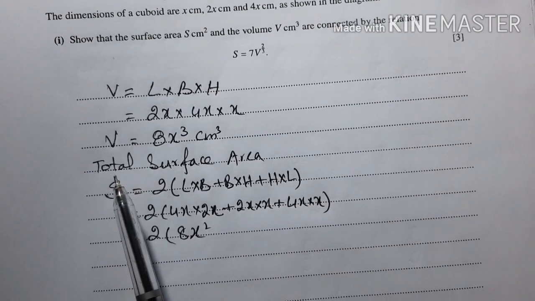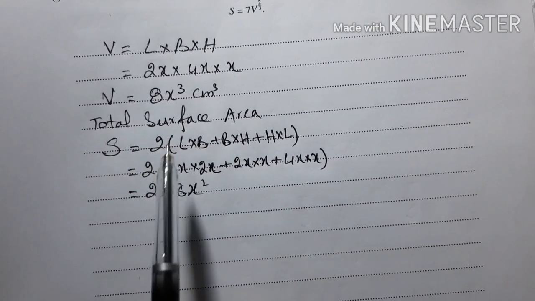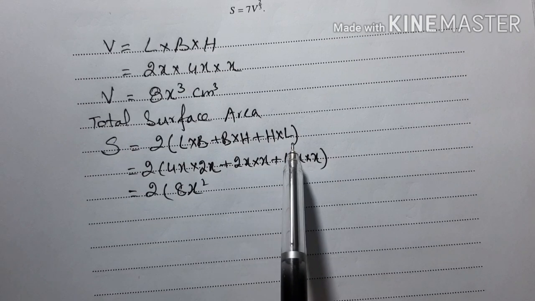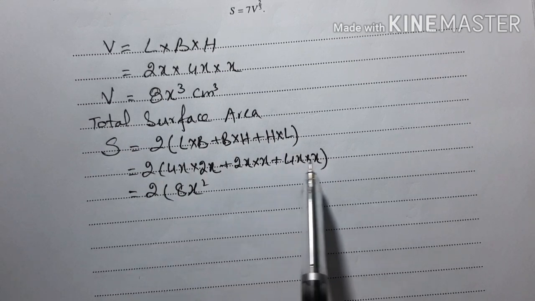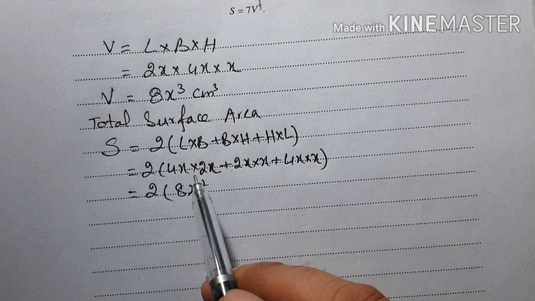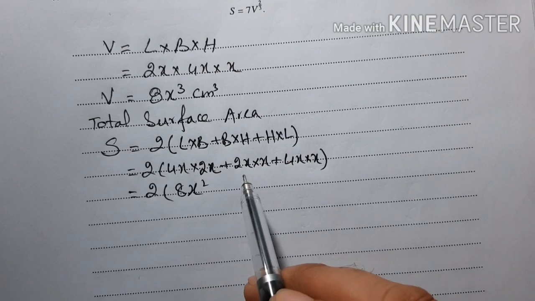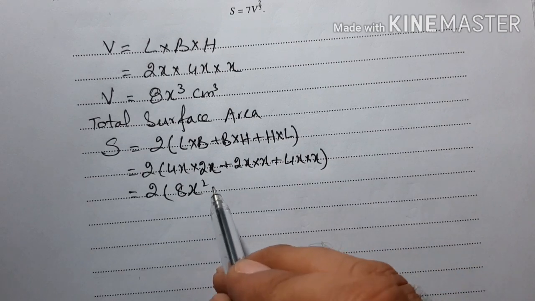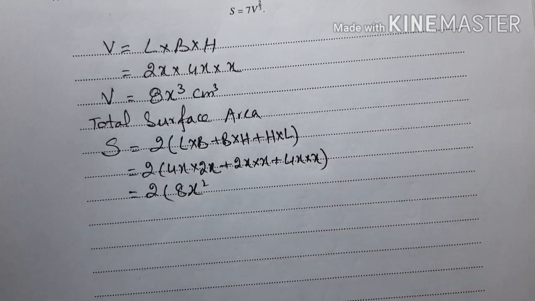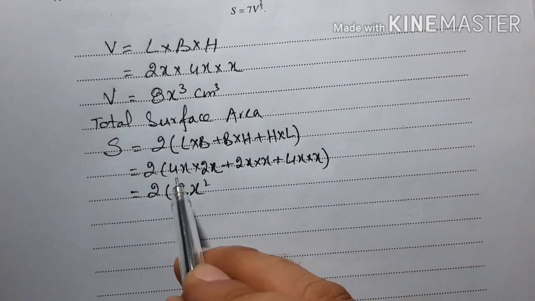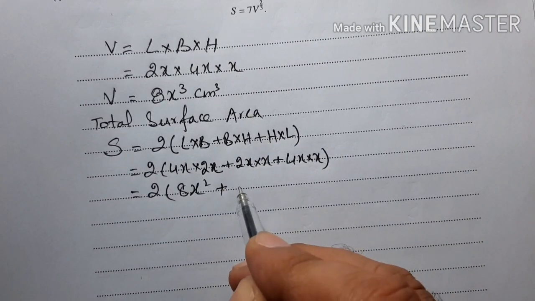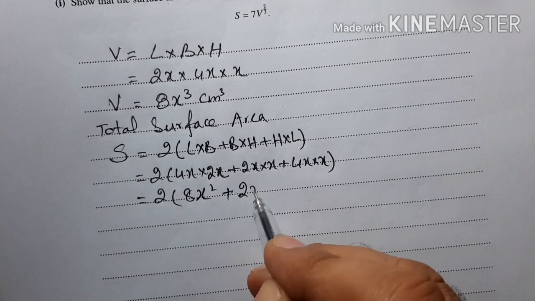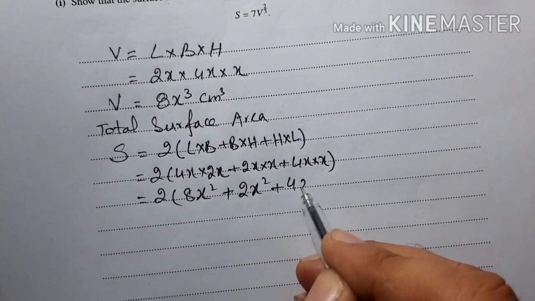And the total surface area is 2 into length into breadth plus breadth into height plus height into length. So if I put the values, I will get 2 into 2x into x plus 2x into 4x plus 4x into x. So it will be 2x square plus 8x square plus 4x square.